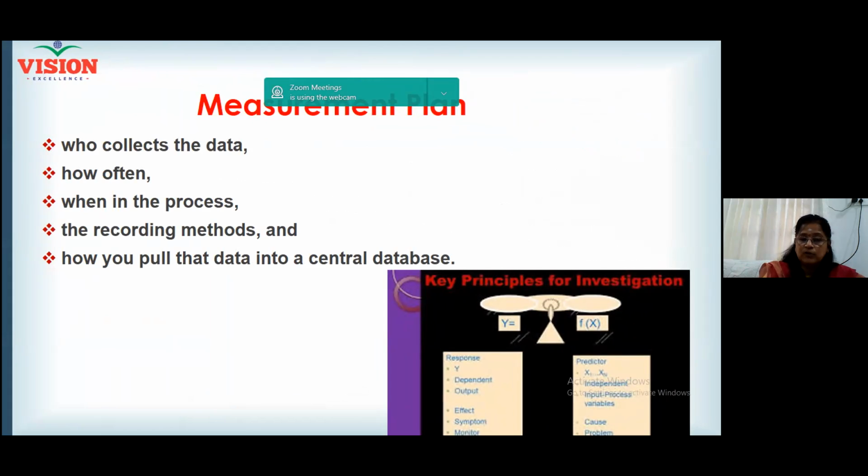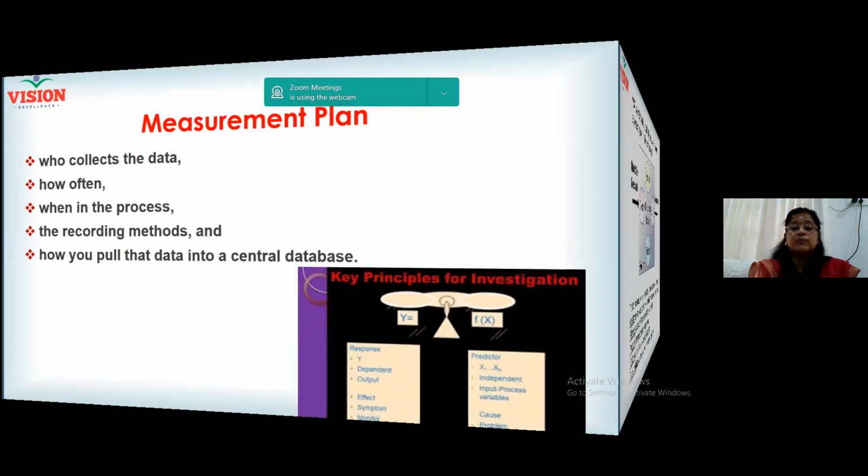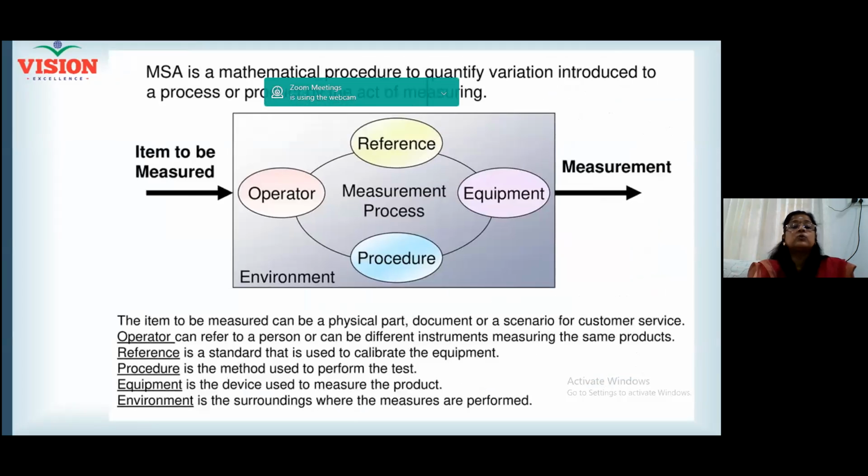You have to be careful about not making 2-3 different persons take the same data and then finding out, oh my God, the same data was collected at different points without knowing each other. So there should be perfect synchronization, and how you pull the data into the central database matters a lot in a company. So you have to be very careful.